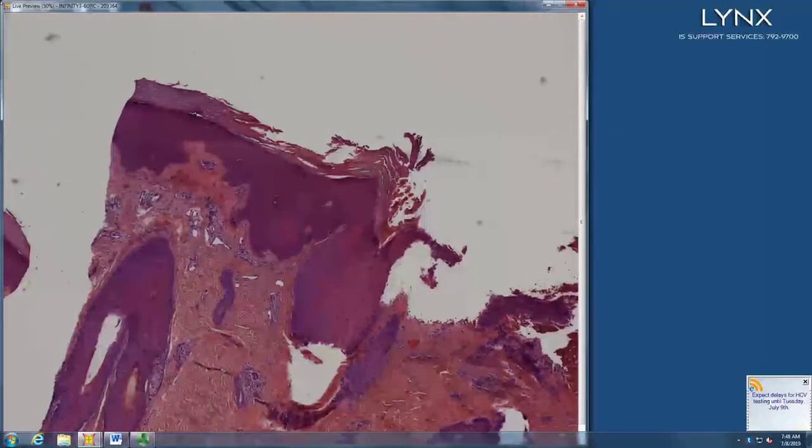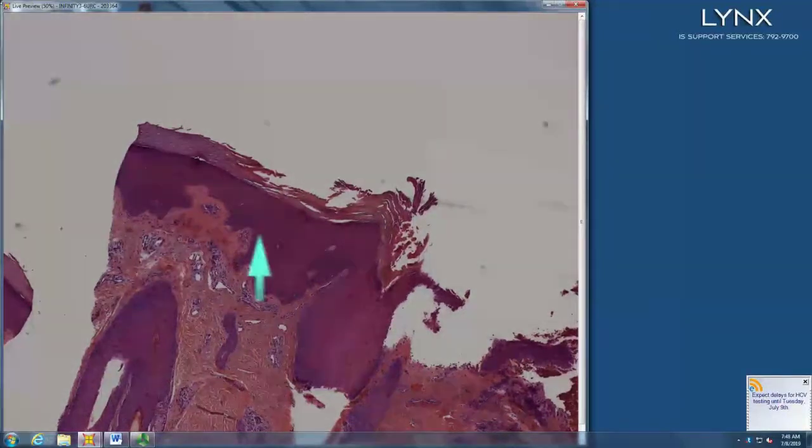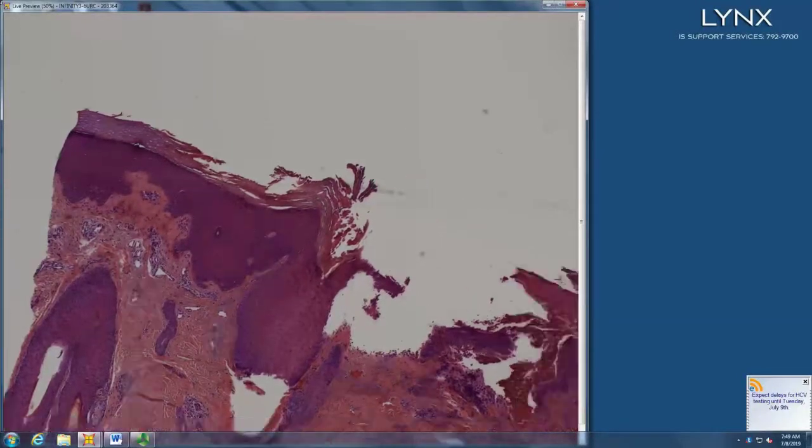So there's acanthosis, and above that some parakeratosis and hyperkeratosis. Is your papillary dermis normal? No, it's more red than usual, and fibrotic, with prominence of vessels, so papillary dermal angiofibroplasia.